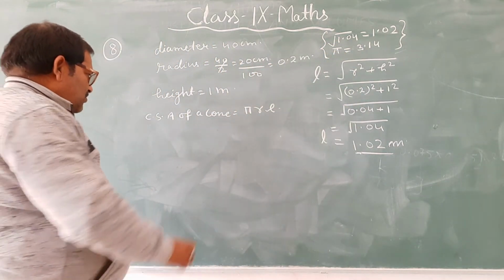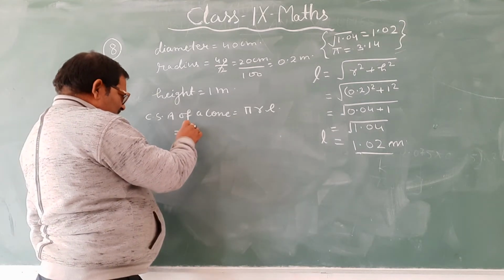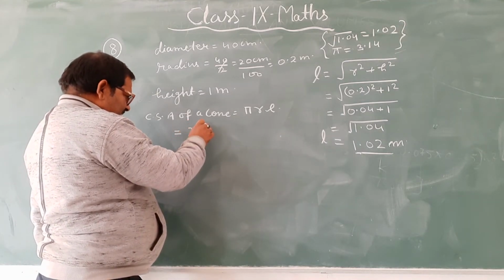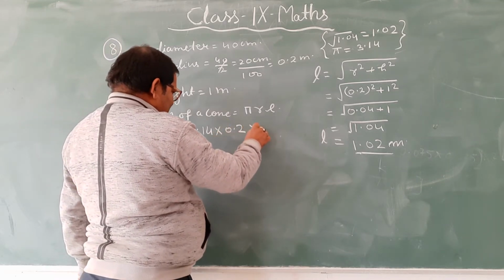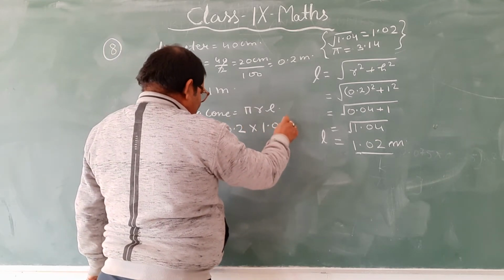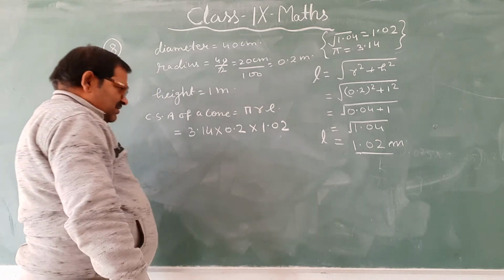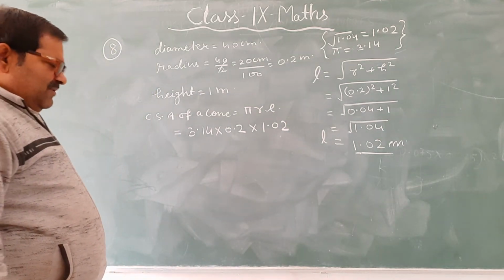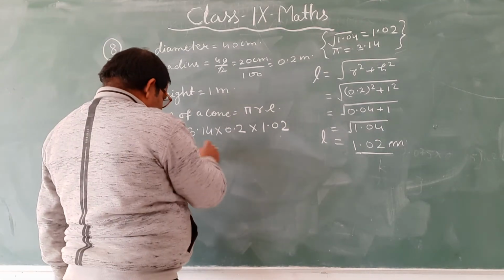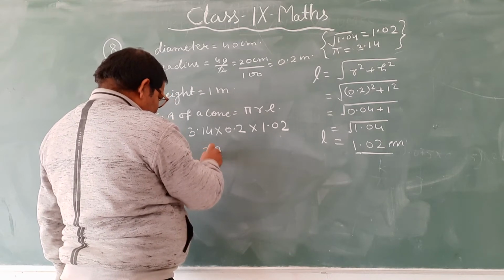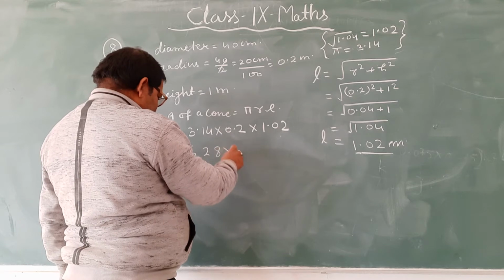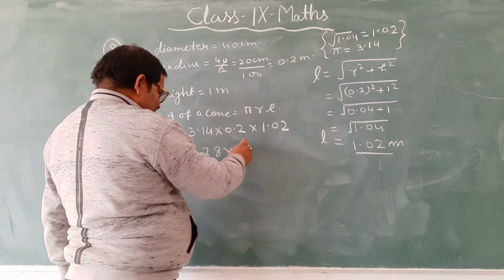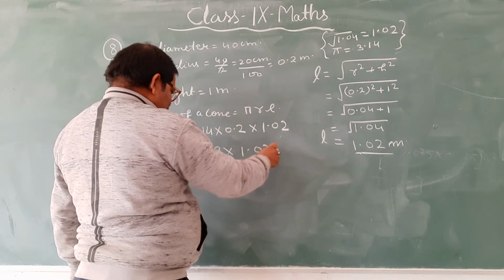This value is already given. So we put all the values of pi, r and L. Pi, r and L. So we multiply 0.628 into 1.02.